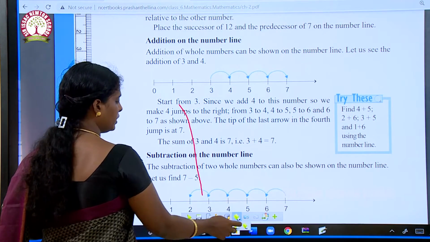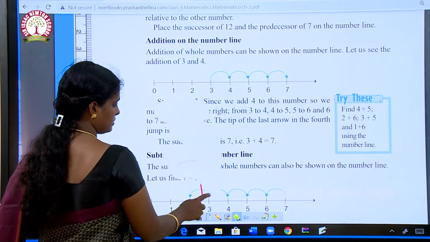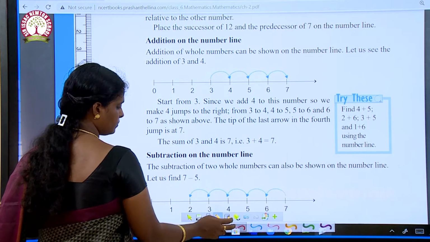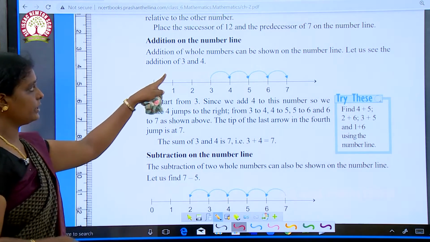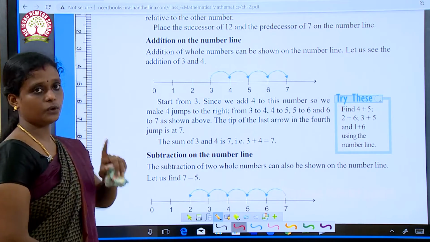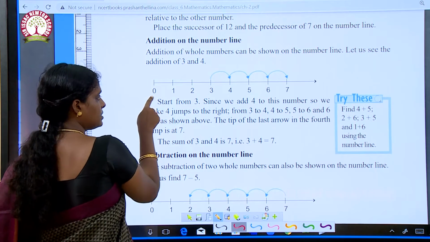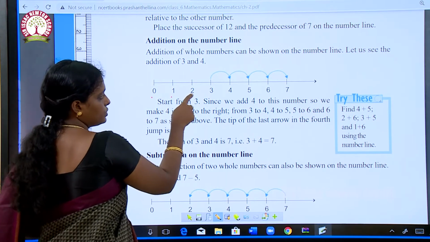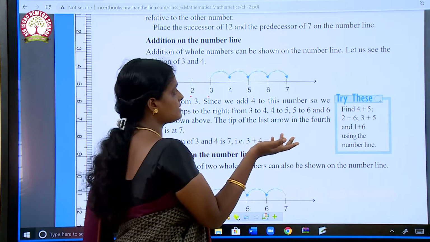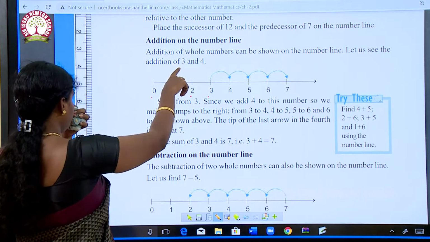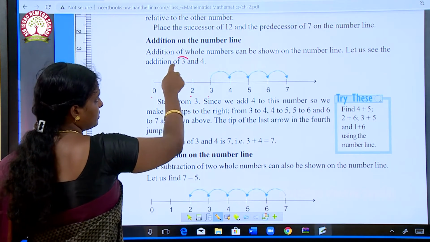I have already told you how to add, right? So see, here we are going to add 3 and 4. You know how to write the number line for whole numbers. You have to start with 0, 1, 2, 3, 4, 5, 6 etc. So from 3, what is the first number? 3.